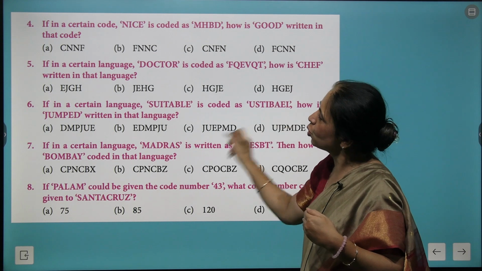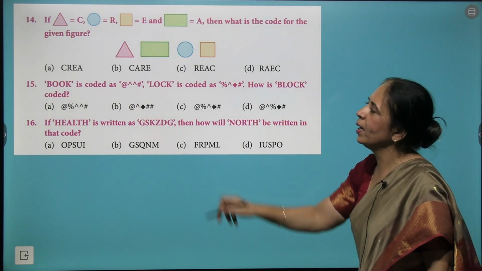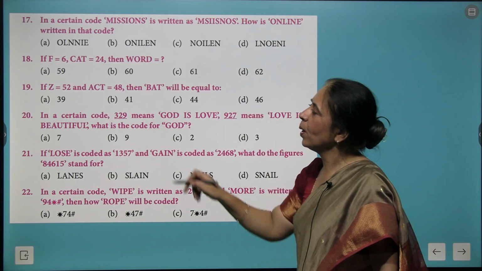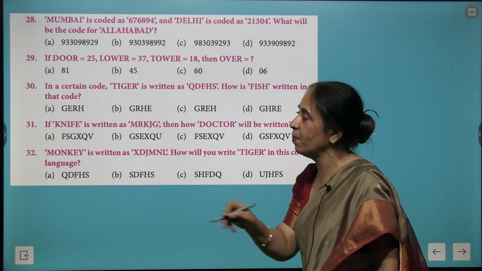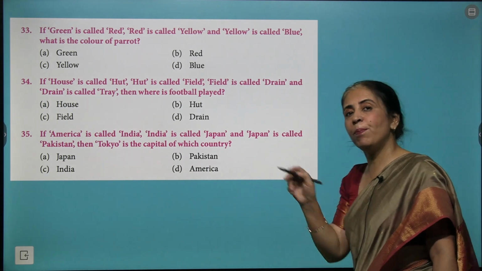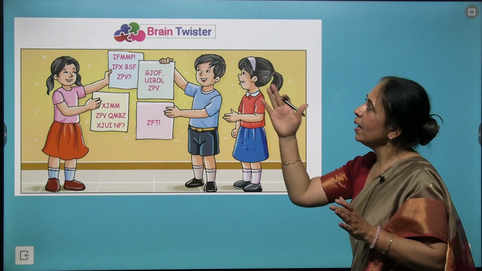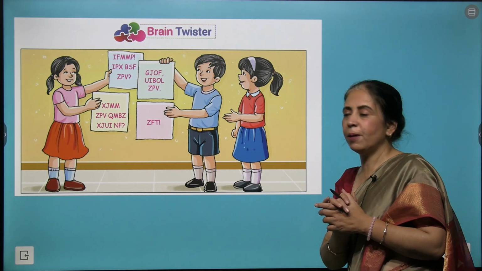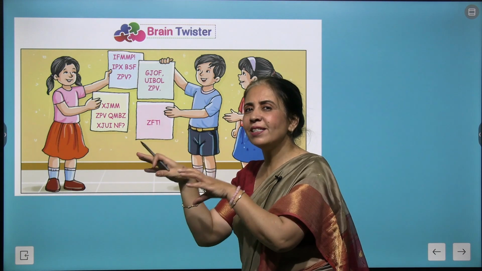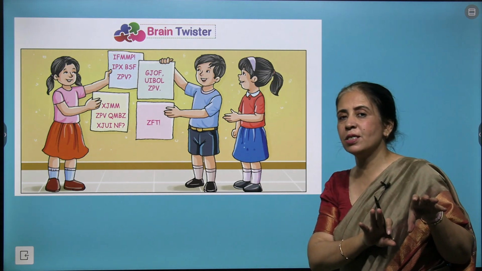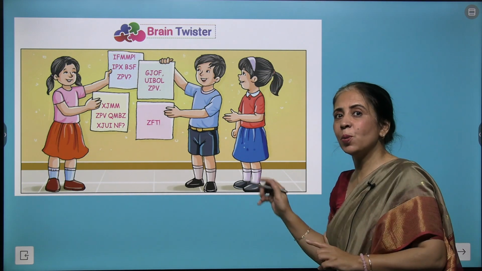We have brought so many interesting questions for you which you are going to unlock, and you are going to get the secret messages to be written by you in a very beautiful and secret manner. Now a brain twister is here. Here Mugdha and Ajinkya are writing some secret messages and I brought them for you as your brain twister.